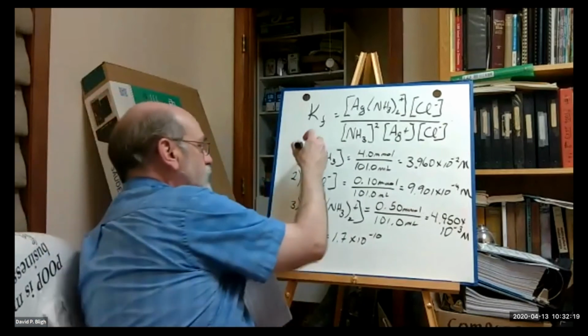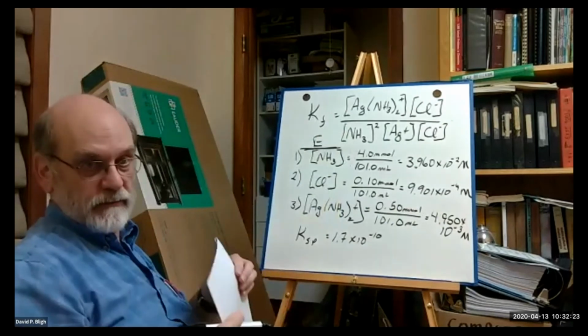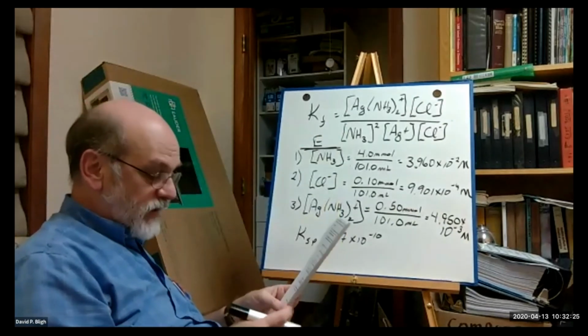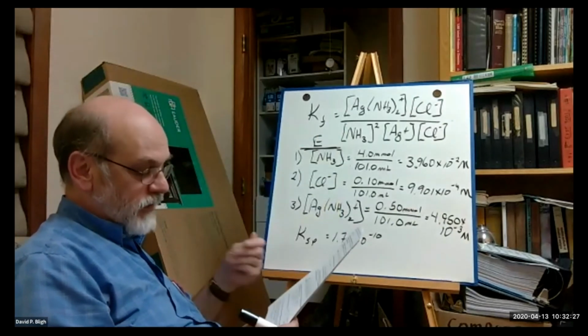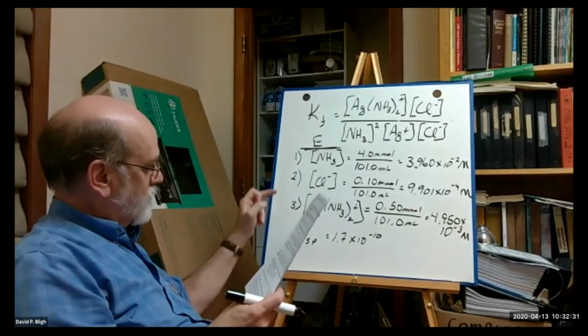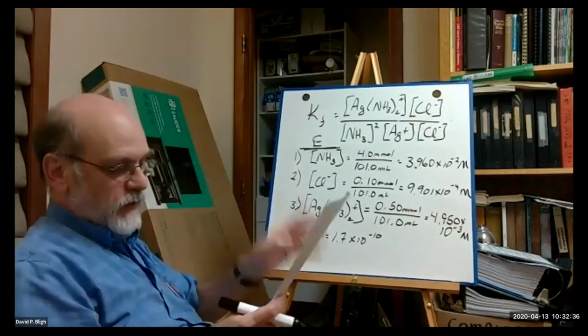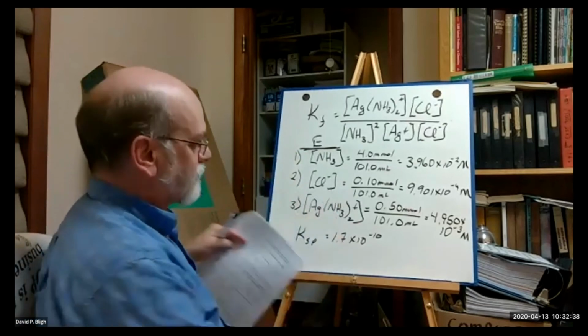Remember, these are all equilibrium. We just calculated them. Do we have everything we need? Well, according to the KF expression that we used before, we need this, we need that, we need that, we need this. We got everything we need.